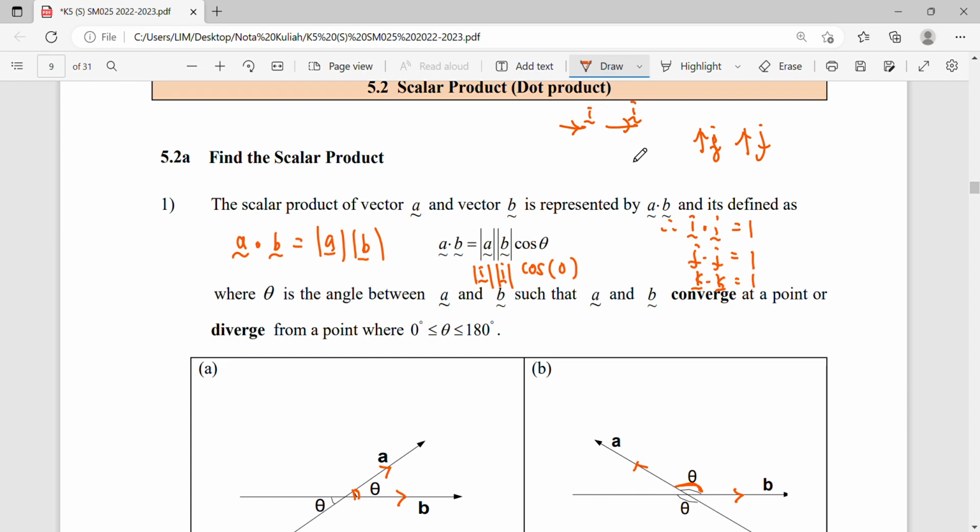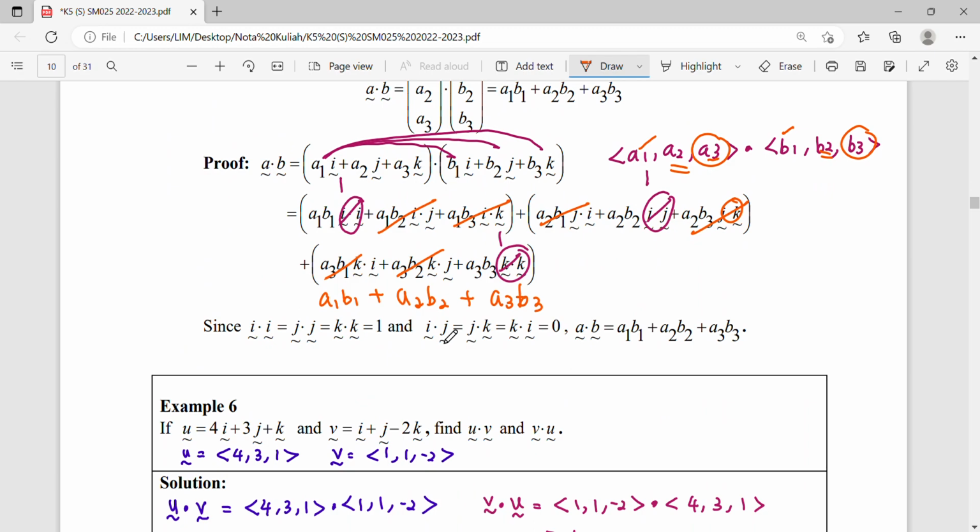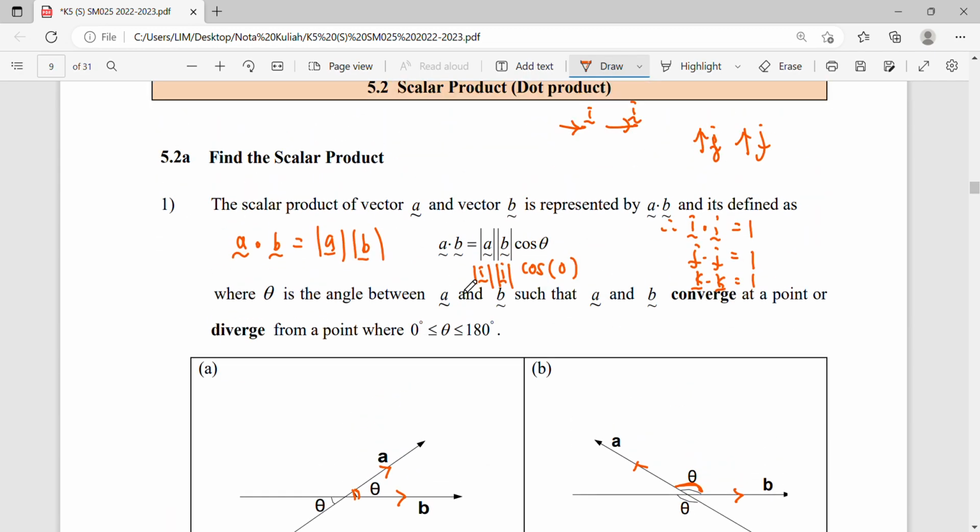So what happens with the other properties, where i and j, j and k? We look at the condition here. i is supposedly left-right, and j is up-down. Their angle is 90 degrees. So cos 90 degrees, what happens? 0. So that's why i dot with j, we get 0, because 0 times anything, we get 0.